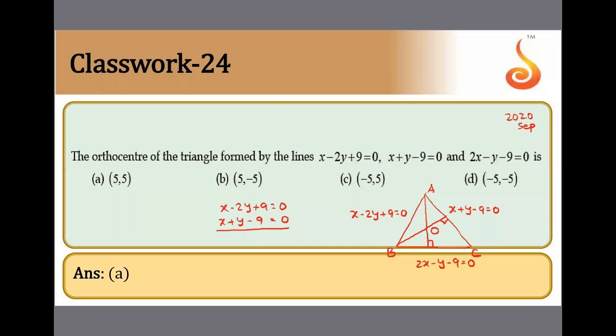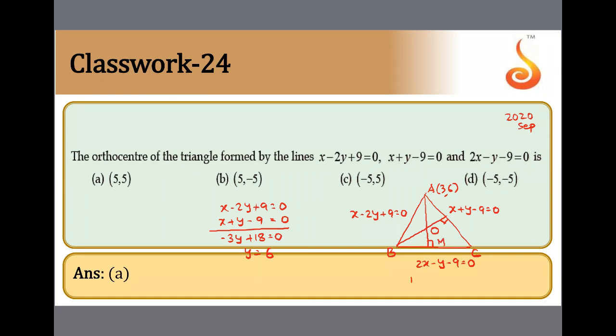Subtract it, we get minus 3y plus 18 equal to 0. So we get y equal to 6. If y equal to 6, x equal to 3. So this point is 3 comma 6. Call it as M.